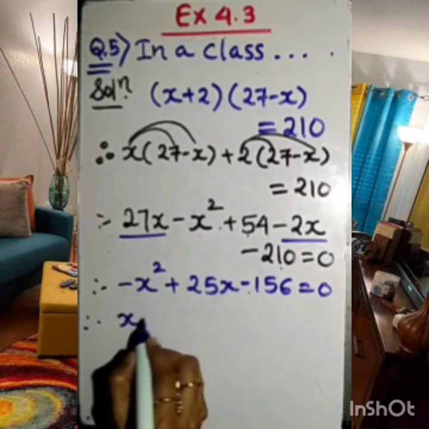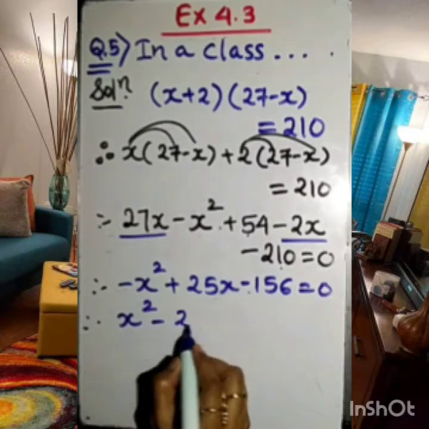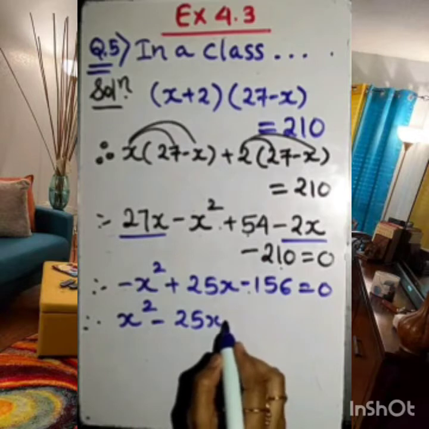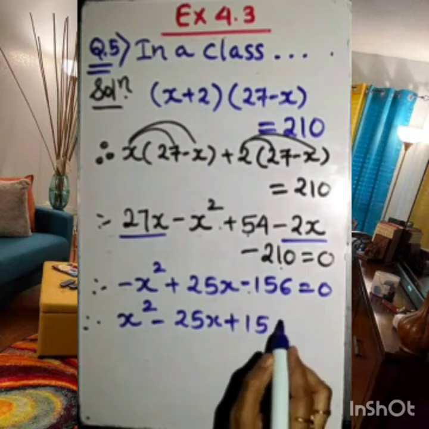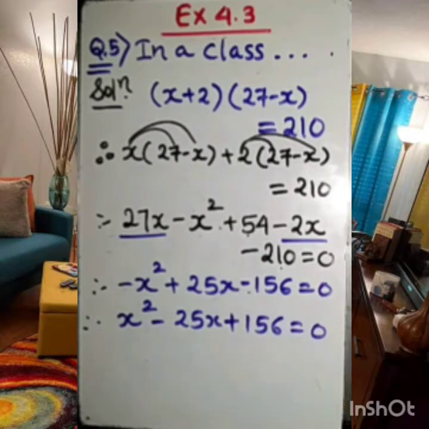Then all the way, X square minus 25X plus 156 equal to 0. When I take minus common, it indicates that I am multiplying both sides by minus 1. So here X square minus 25X plus 156 equal to 0.